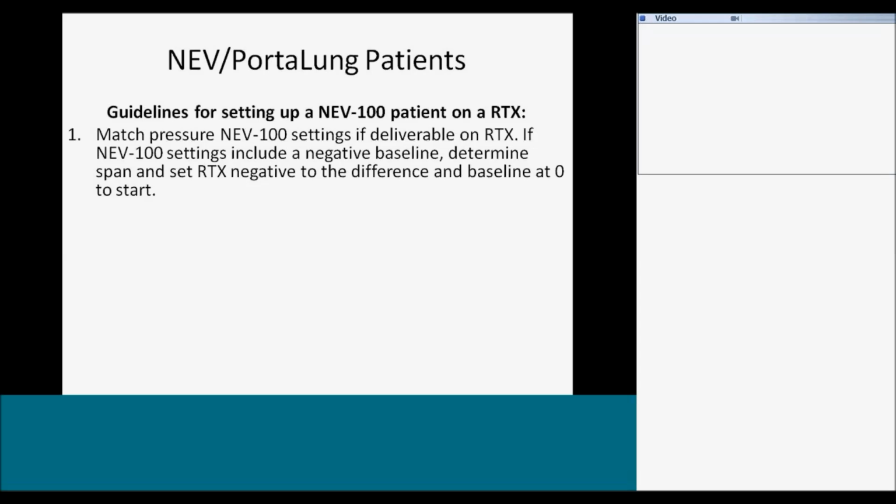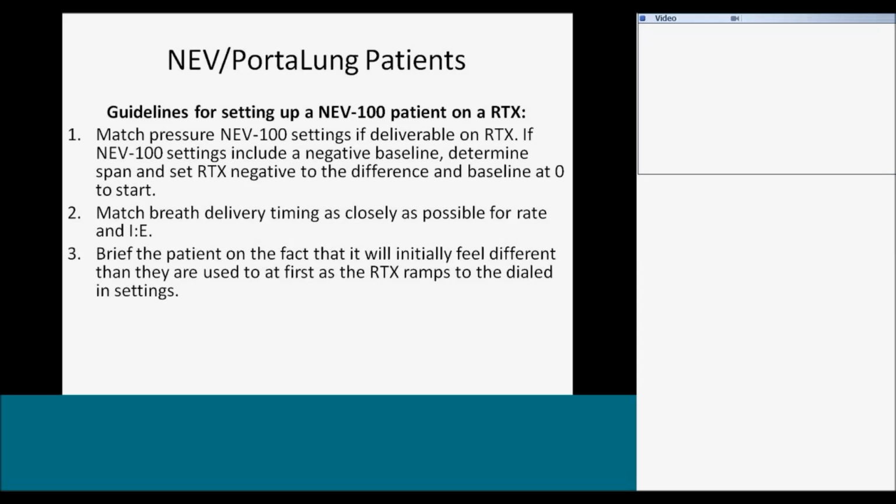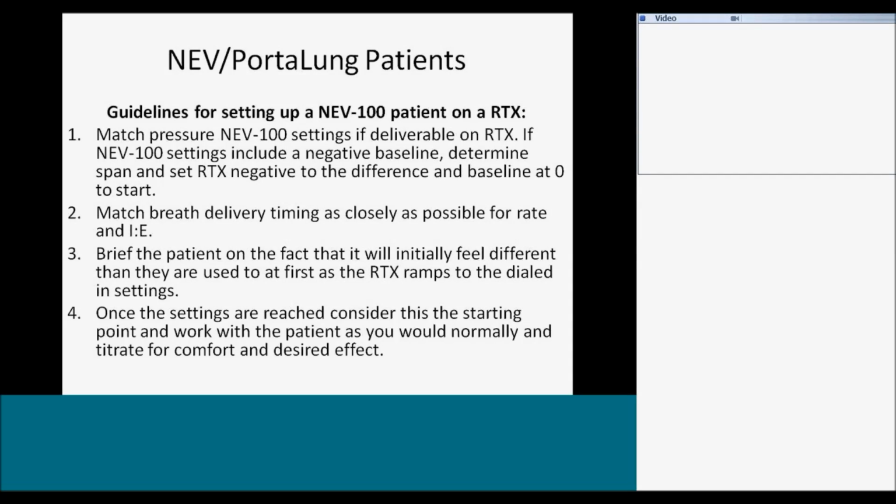So you're going to mimic the settings that were on the NEV100 with the RTX, match breath timing as best as possible. With the NEV100, that device did not have the same ramp function that the RTX does, so it's often a good idea just to let them know that it takes a minute or two for full settings to be reached so that they are not distressed during that period.